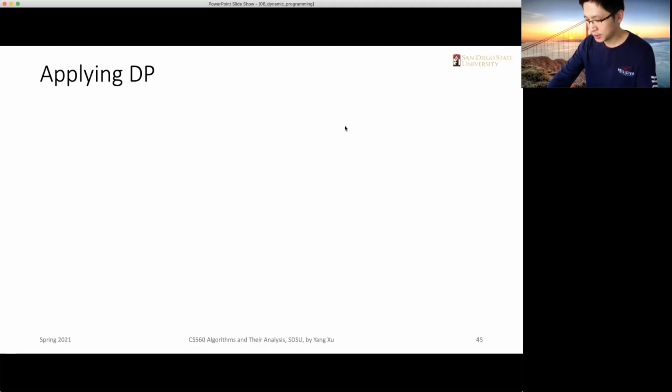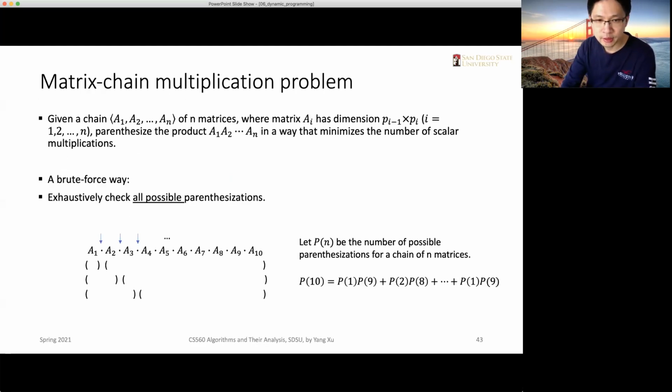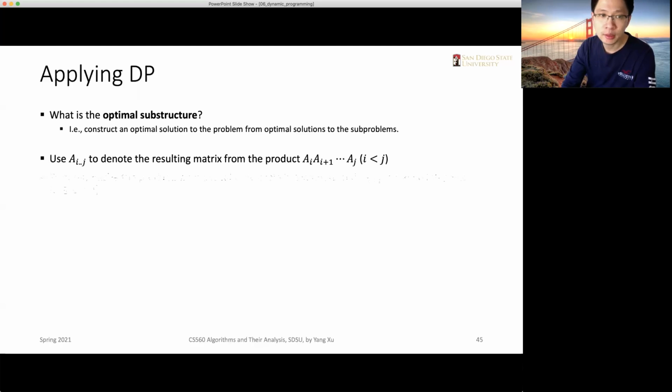And the optimal substructure that we observed apparently indicates that dynamic programming is a possible way to solve this problem.